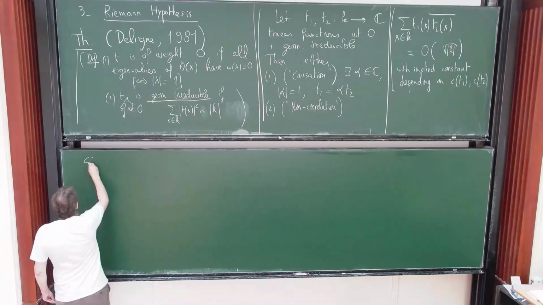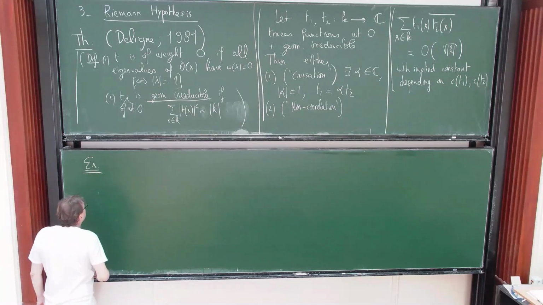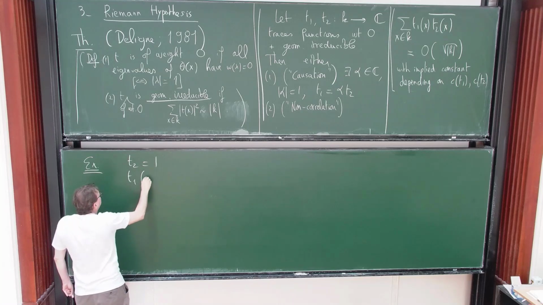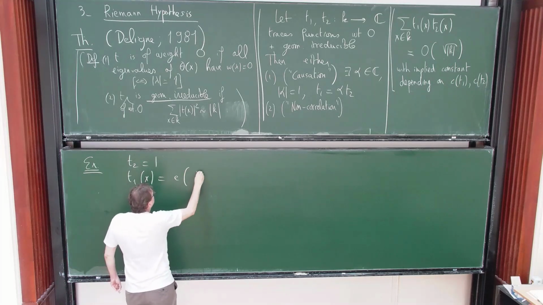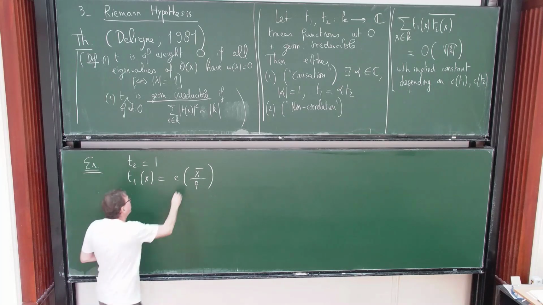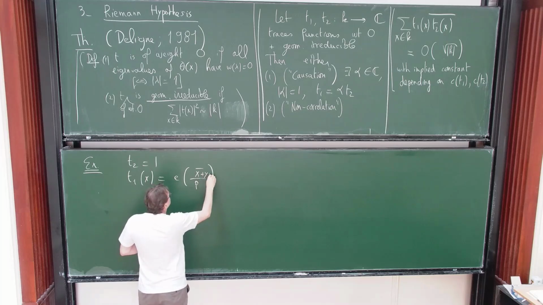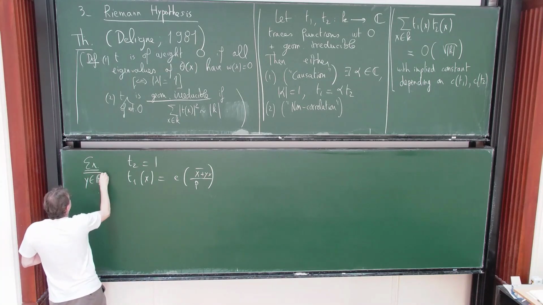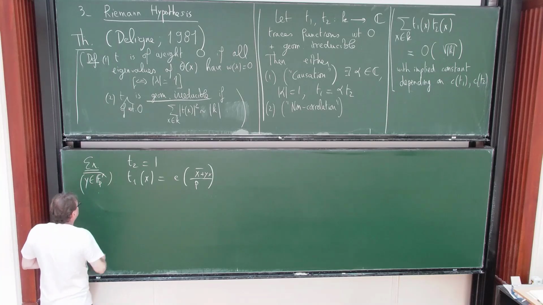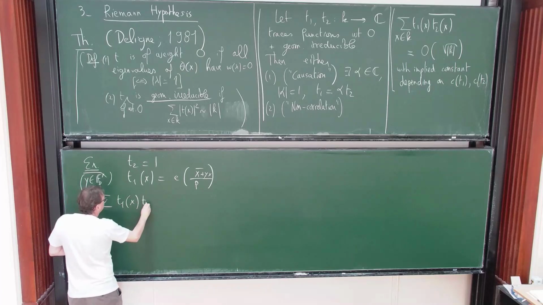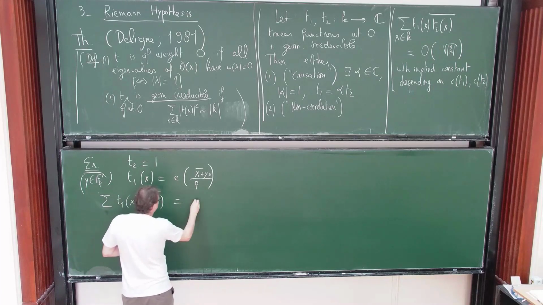Let me give you one or two examples. So let's take T2 is 1 and T1 of x is e of x to the power t, say, plus y times x, where y is a parameter in F star. Then the sum of T1 of x, T2 of x conjugate is the first common sum.